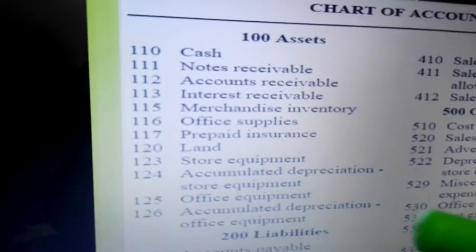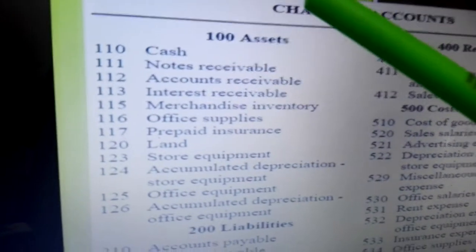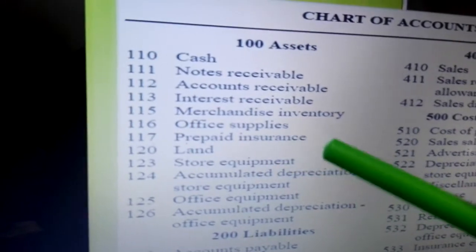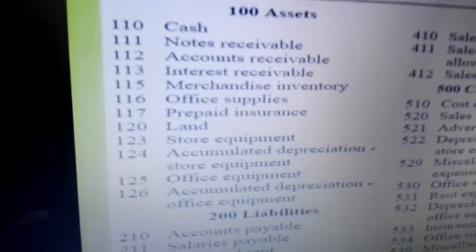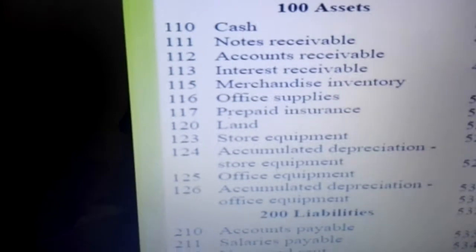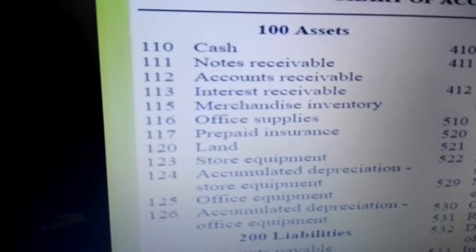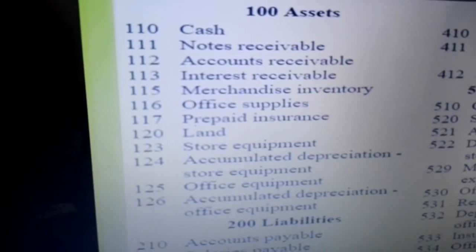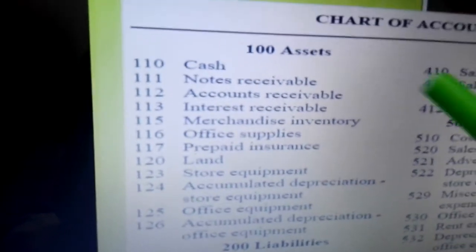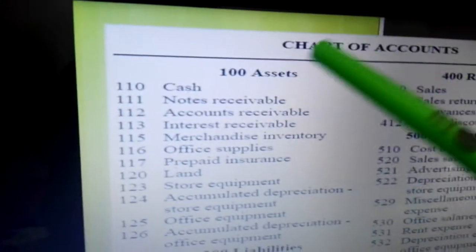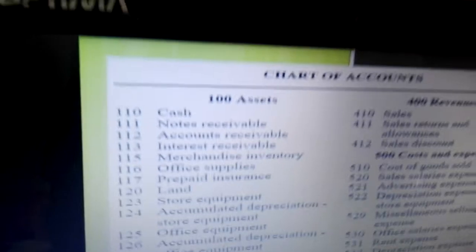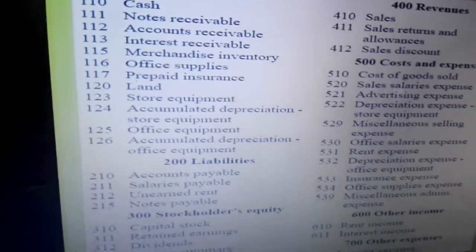You have to remember the dual effect. There should be an increase in one item and a decrease in one item, or both will have an increase or both will have a decrease. And of course, this effect of increase and decrease won't only be particularly for assets. It can also go beyond the account items.